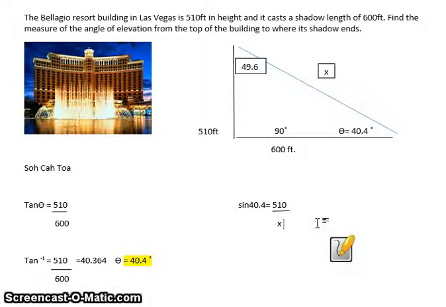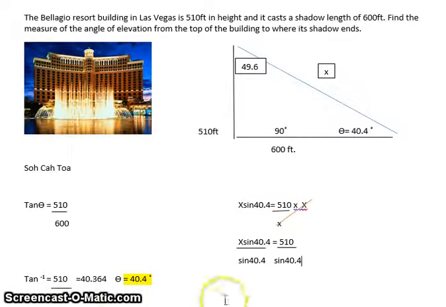Since you have x at the bottom, you would multiply both sides by x, and so these x's would cross out.